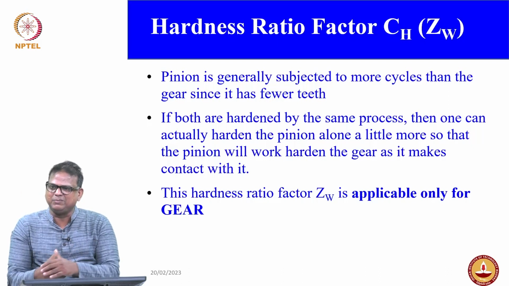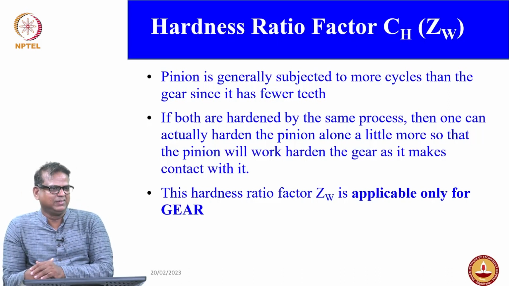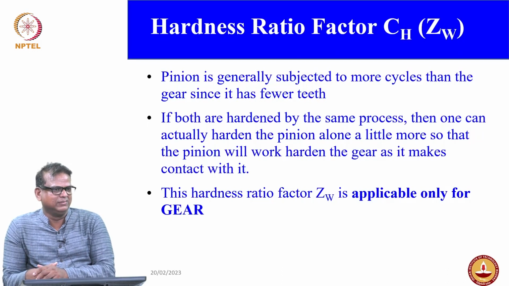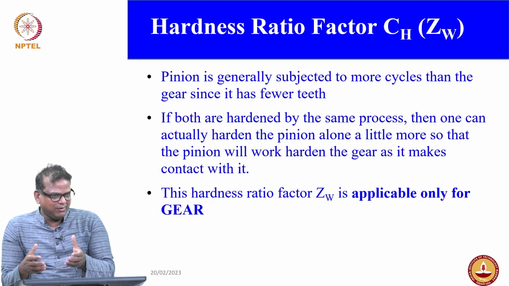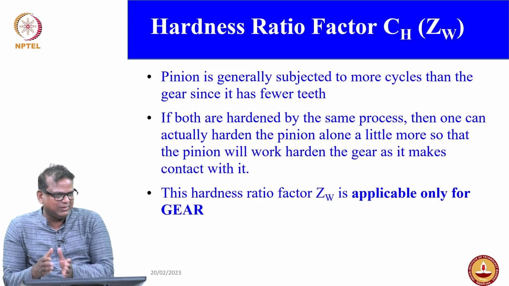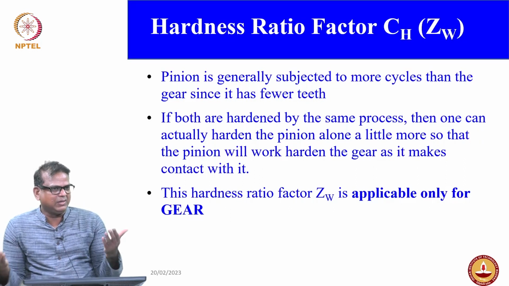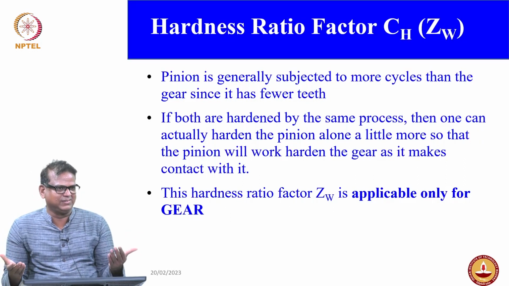Why can't you use some other material? What happens if you use some other material? That material will break, right? It will give the damage. Okay. So we have to have hardness as close as possible, but there should be a little difference. We can't have 2 equal hardness.